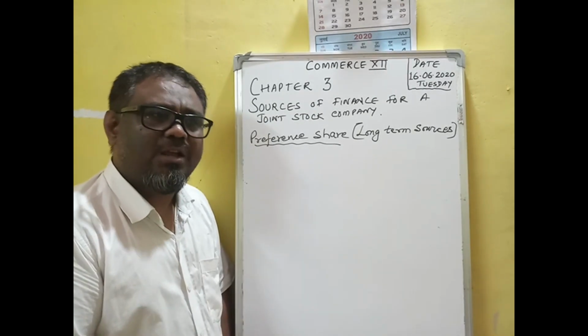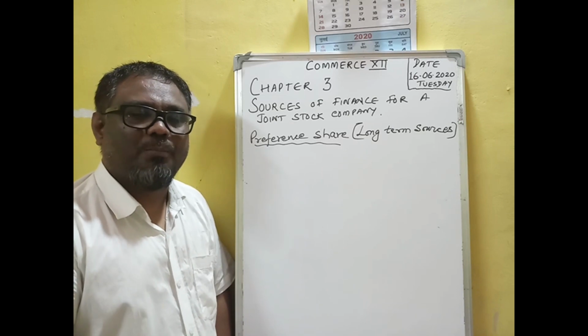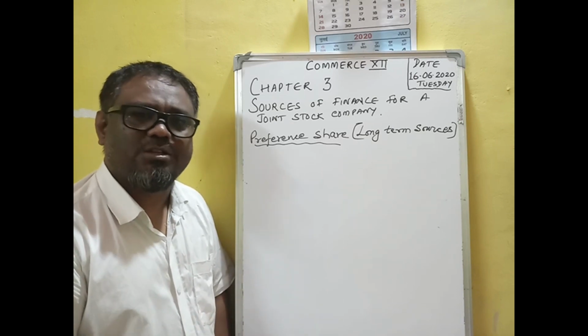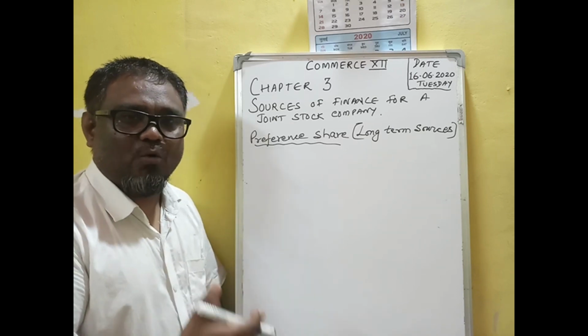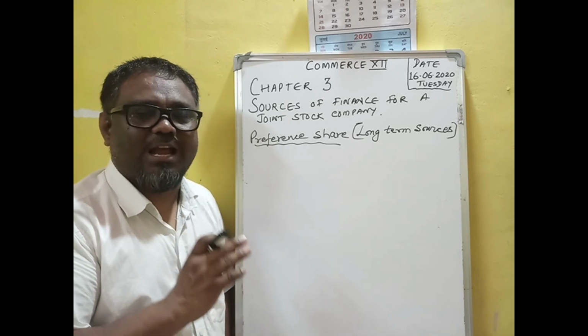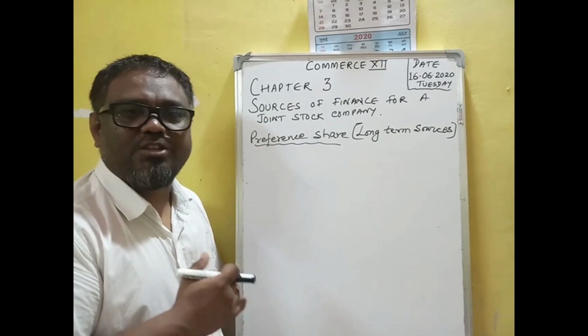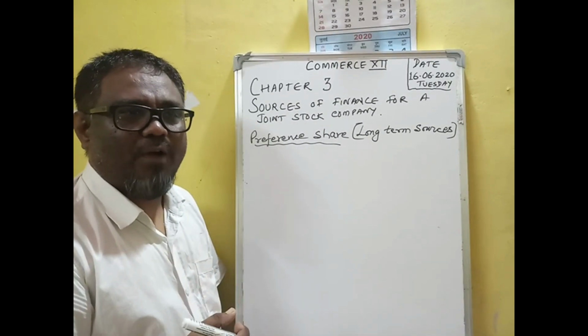Equity shareholders have voting rights. So these are the fundamental differences between the preference shareholders and the equity shareholders. You will get more in the notes, but these are the basic points of difference. Preference share is also a long-term source of finance.